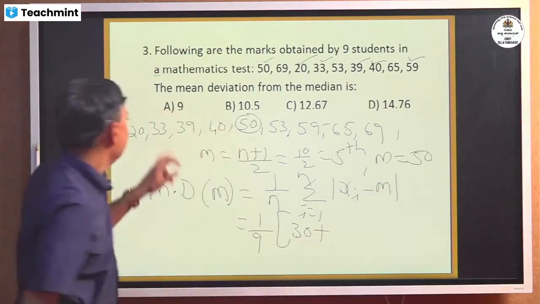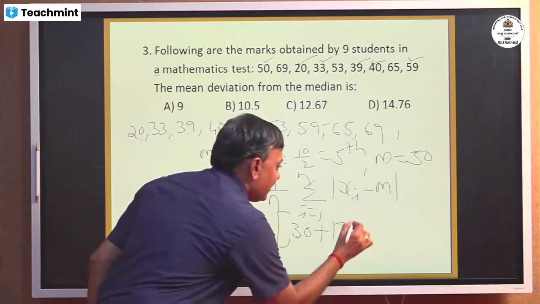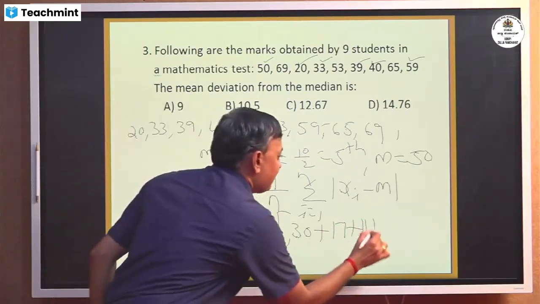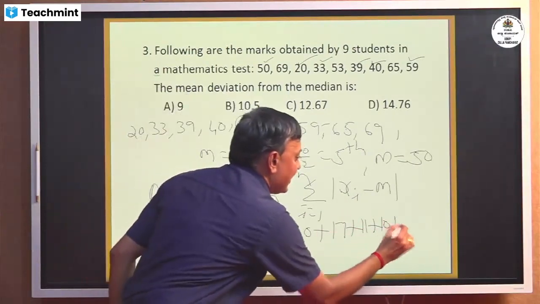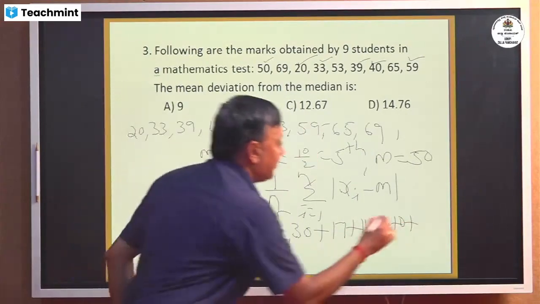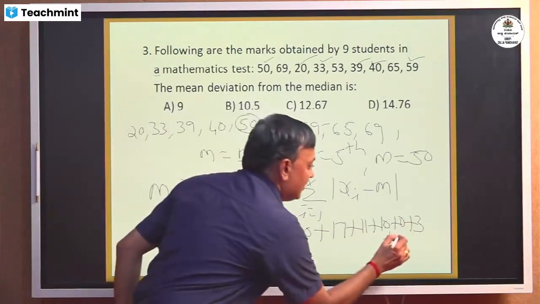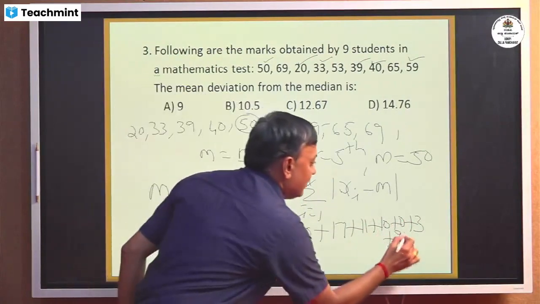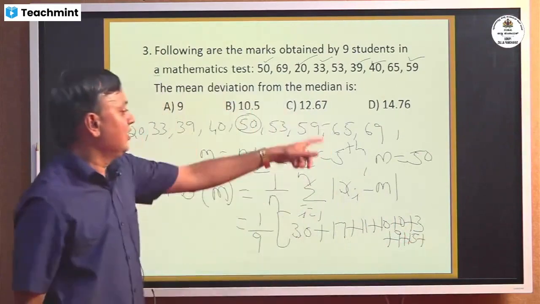30, plus 33 minus 50, its modulus is 17, plus then next 39 minus 50, its modulus is 11, plus then 40 minus 50, its modulus is 10, plus next 50 minus 50 is 0, plus then 53 minus 50 is 3, plus 59 minus 50 is 9, then 65 minus 50 is 15, then the last one is 19, correct?